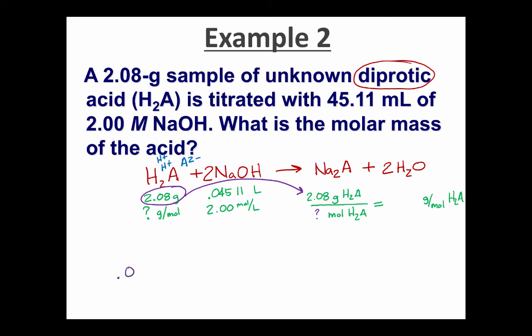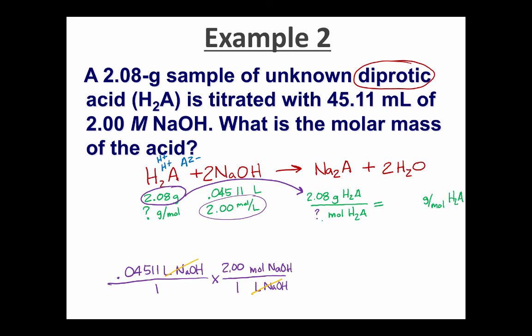We'll do a calculation to find the moles of H2A. I'll begin with the volume of the known NaOH over 1. Next, I'll convert liters into moles using the molarity of the NaOH. This cancels the liters of NaOH. The number that goes in this step is written here and is 2.00 moles for 1 liter.